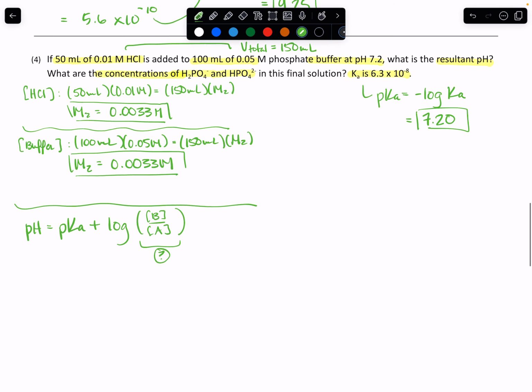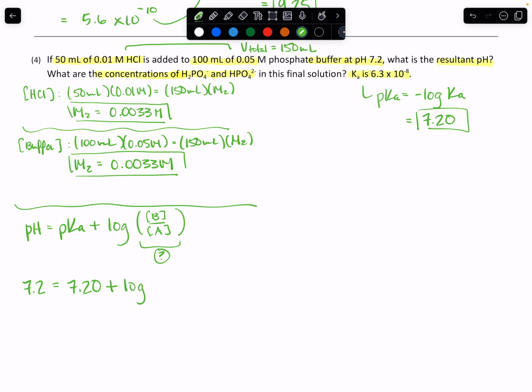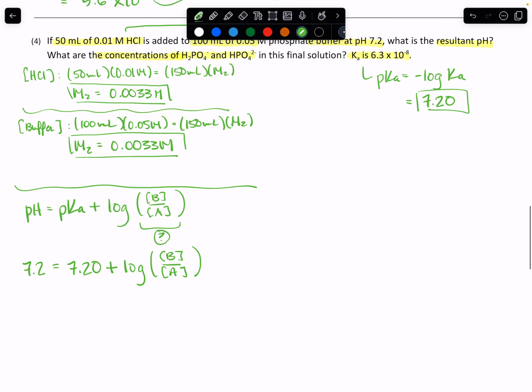All right, now this solution initially had a pH of 7.2, right? The pKa is also 7.2. Oh, that should tell me something about that ratio, right? If the pH equals the pKa, then I know that the concentration of the acid and the concentration of the base must be equal.